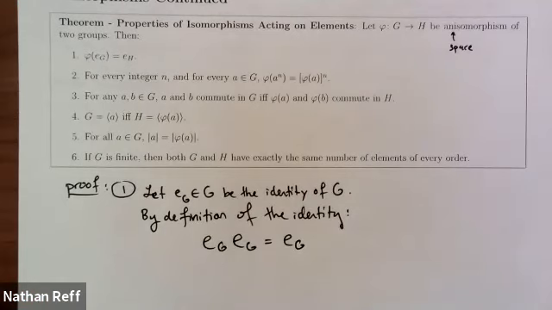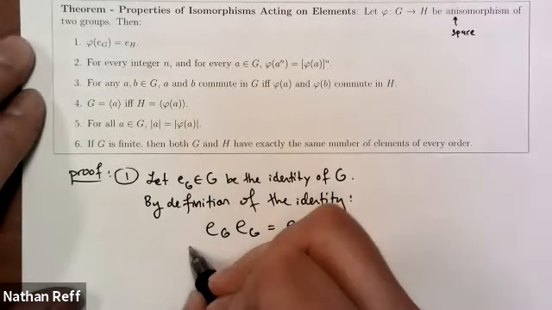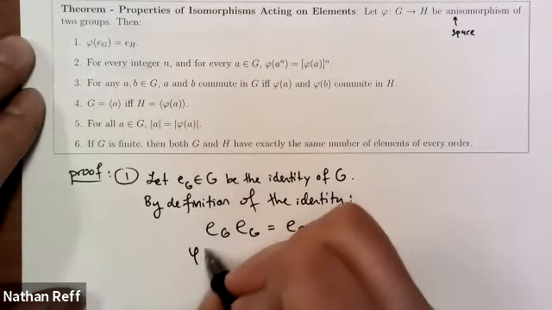You guys agree with that? All right. It looks pretty useless, but I'm going to turn it into something useful. Now I'm going to act phi on both sides of this.